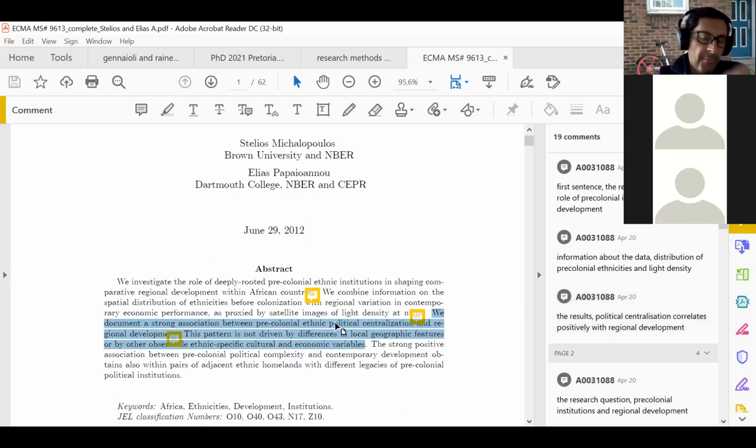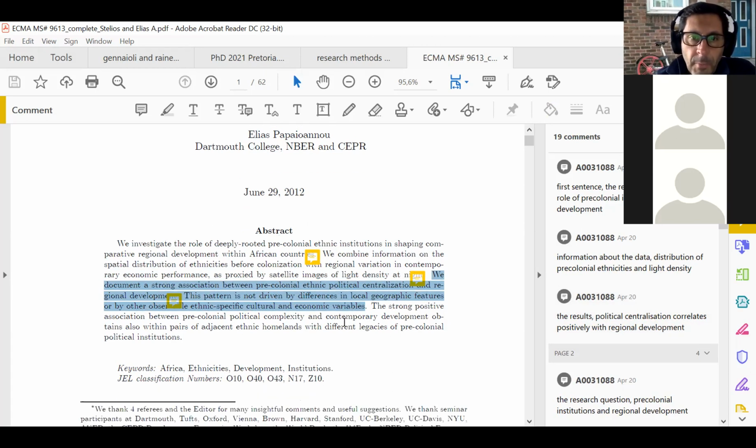So they run a lot of robustness tests, and when you run a robustness test, folks, what you are trying to do is to try your best to kill the relationship, right? That's what these people are trying to do. And if the relationship is not killed, that means that the relationship is robust. Okay.